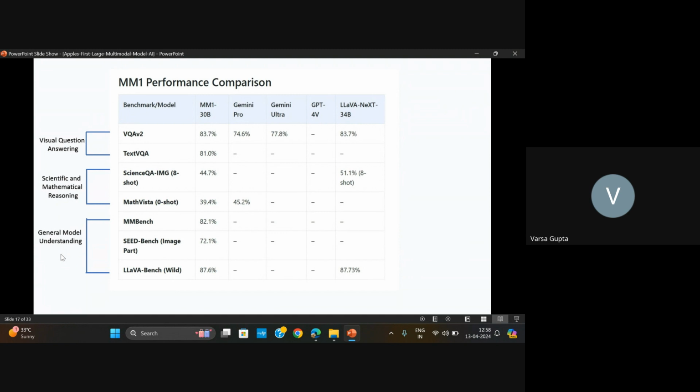In MMBench it has a score of 82.1%, in SEED-Bench it has a score of 72.1%, and similarly in LLaVA-Bench it has a score of 87.6%, which is close to the LLaVA-NeXT model. So we see through these benchmarks in various scenarios, MM1 leads the other existing multimodals, especially in text visual question answering.